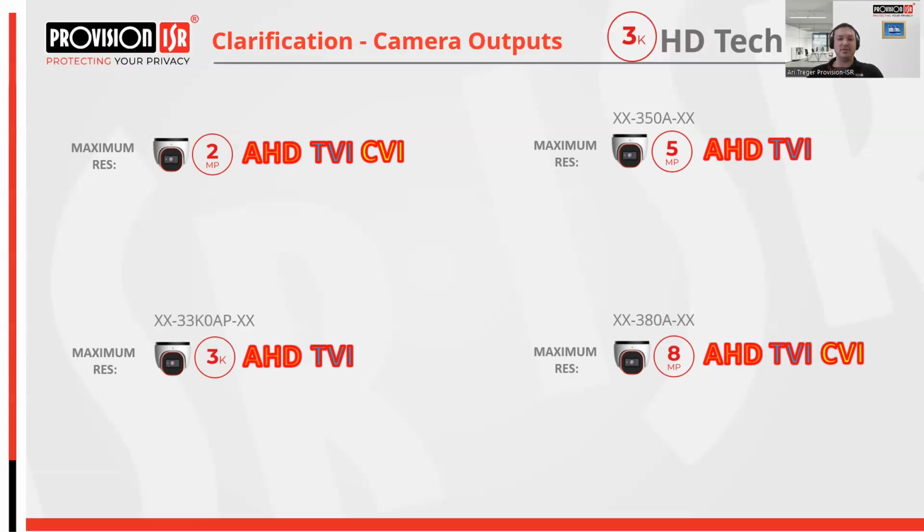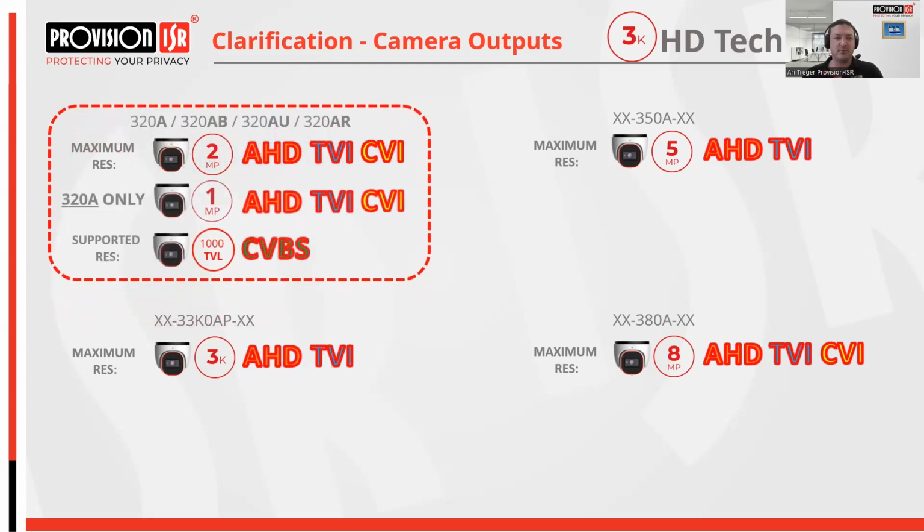Likewise, if the DVR is rated for 5 megapixel, it will only work with cameras at 5 megapixel or lower resolutions. In such cases, you'll need to adjust the camera resolution accordingly to ensure its compatibility. My apologies.